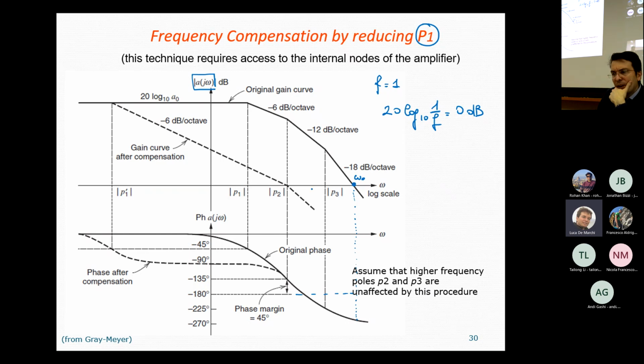Now let's jump to the dashed version. The dashed version corresponds to the shifting of this P1 to much lower frequencies. So P1 is moved to P1 prime. When we have this situation, after P1 prime, we start losing minus 6 dBs per octave.